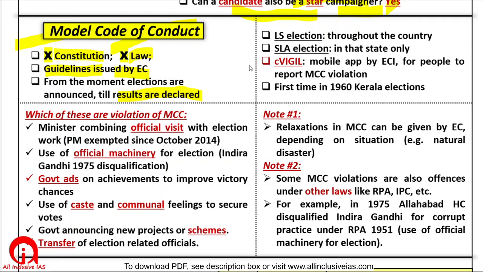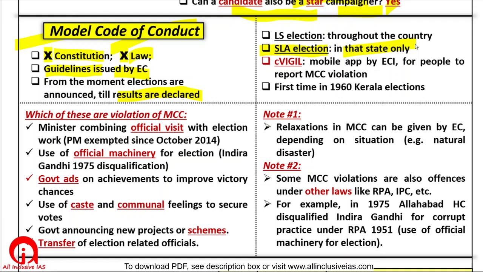Development gets hampered. Right, so here UPSC can test you on this fact: where does MCC apply? When there are state assembly elections, MCC applies only in that state, not throughout India. So the argument that after every 6 months there is MCC, so we can't do any development, is a flawed statement. Why?